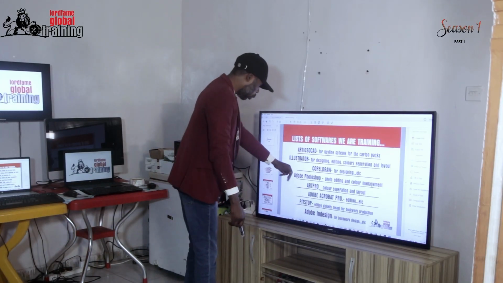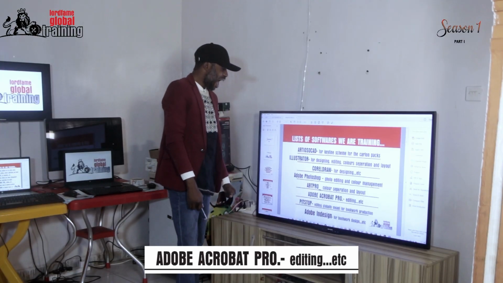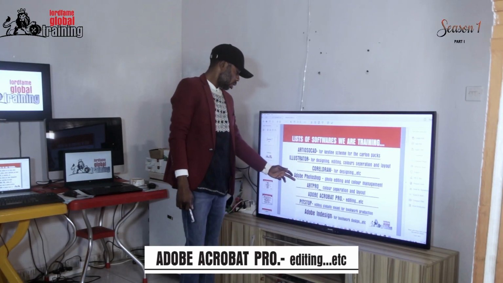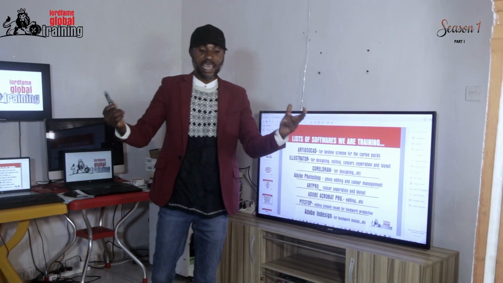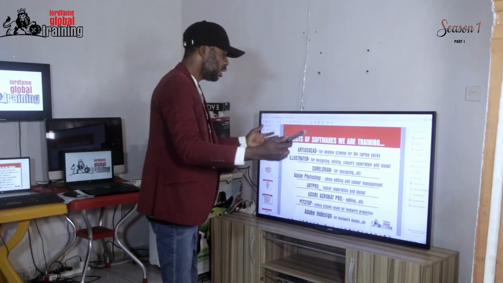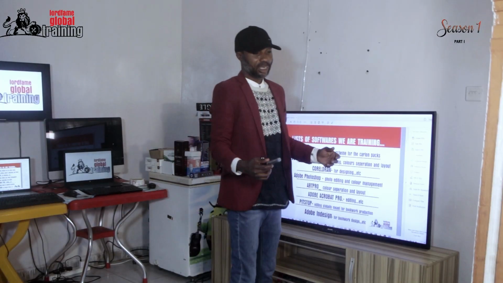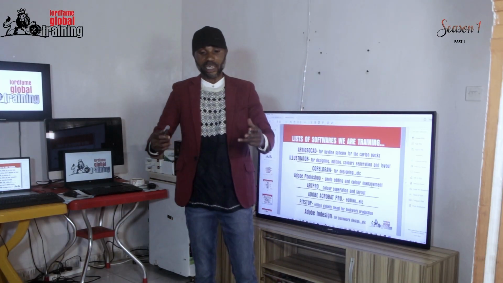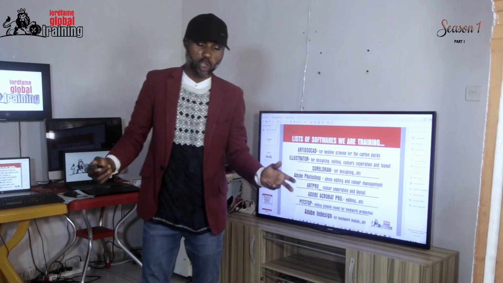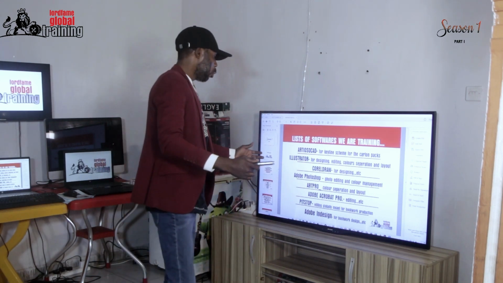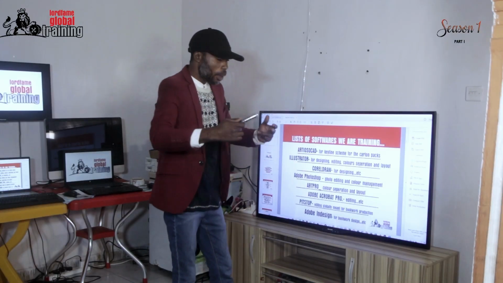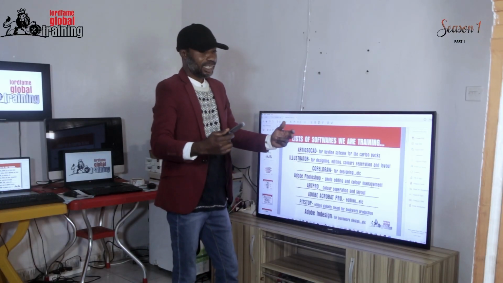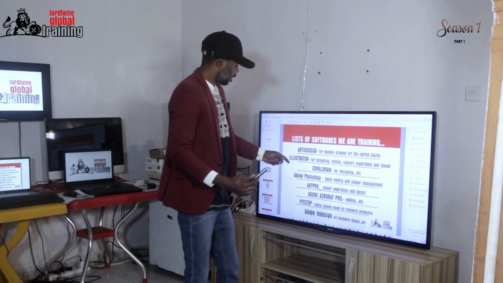The next one is Adobe Acrobat. Adobe Acrobat Pro. Many people are familiar with it, they normally hear PDF. I know that many people in this industry know PDF, but they don't know that there is a particular software that can open it.